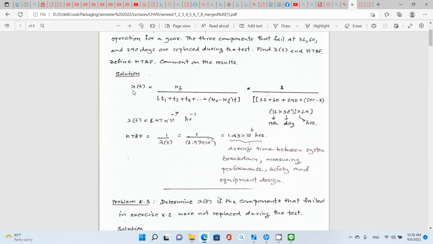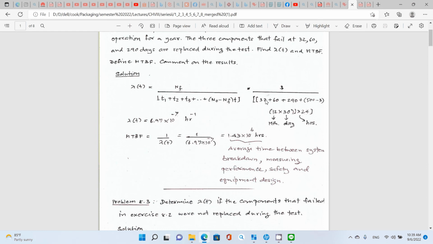We can apply lambda t equal to n divided by t1 plus t2 plus t3, and then plus n0 minus nf times t. There are three fails. The first one failed at day 32, the next at day 60, and the last at day 390.